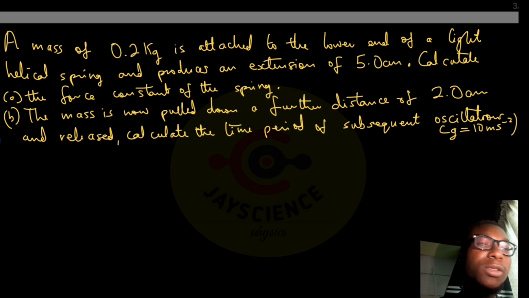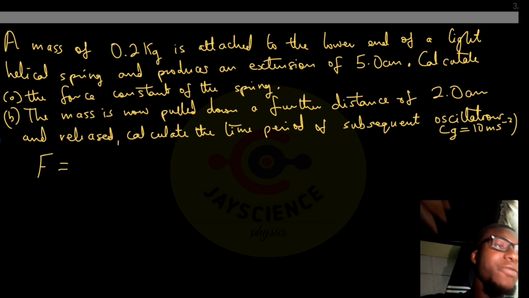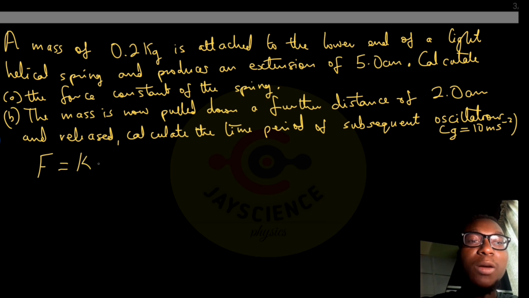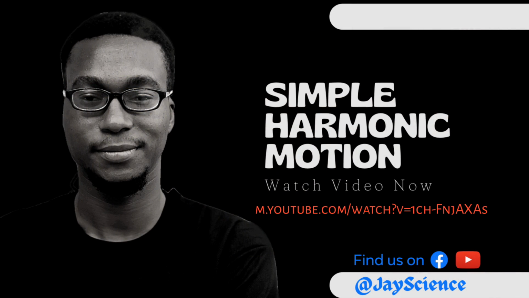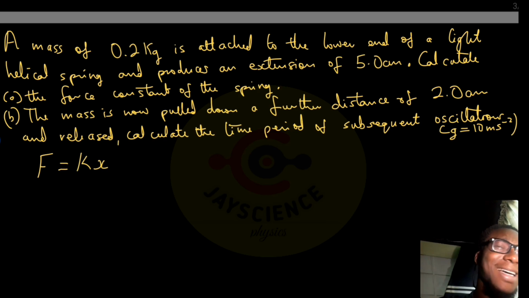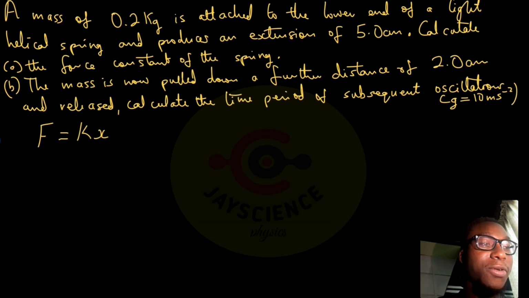From Hooke's law, the applied force on a spring is equal to the spring constant multiplied by the extension, which we can say is x. Some of the things I'm going to discuss here, we've talked about in the last video, and if it seems confusing, you can check out the very last video I uploaded.